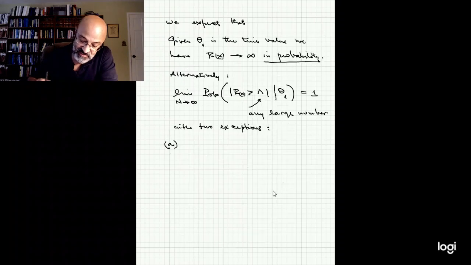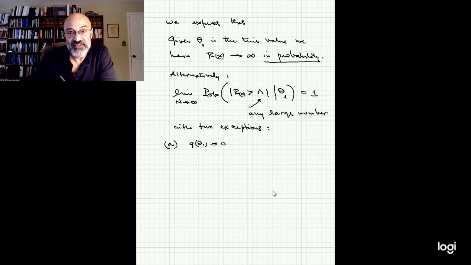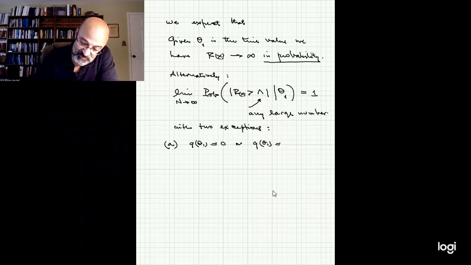One is when you're extremely prejudiced, and when you have q theta 1 equal to 0. You can't update there. Or q theta 1 equal to 1. You can't update there either. And you see the problem of the prejudiced mind is actually serious.